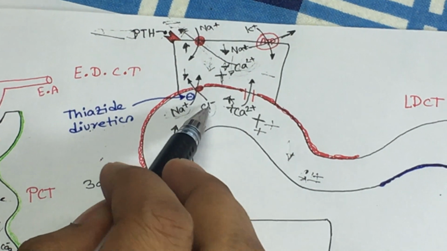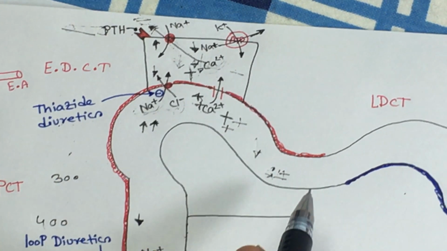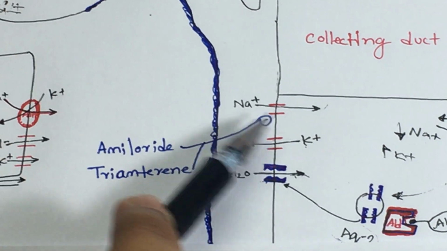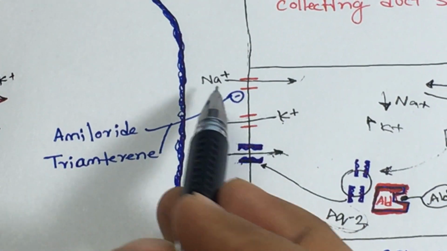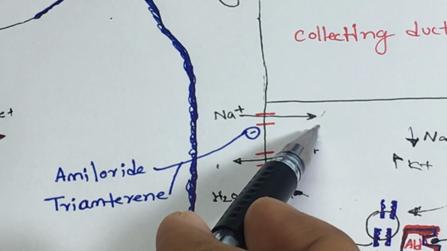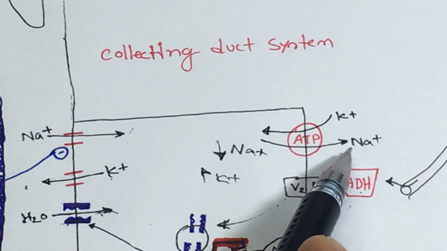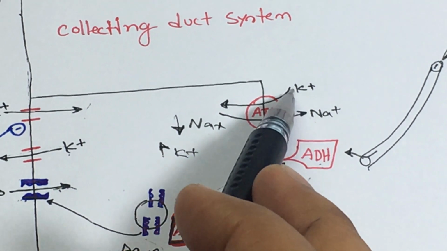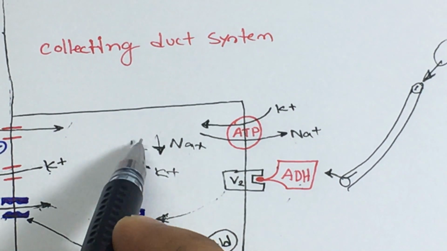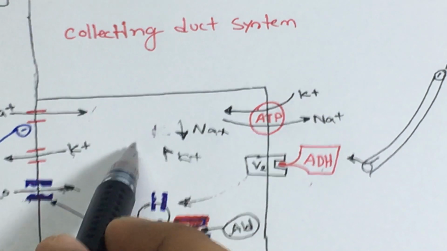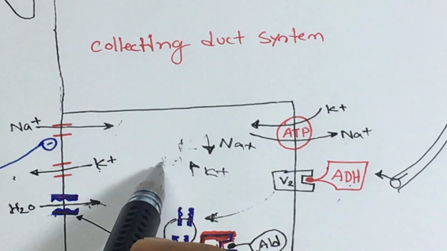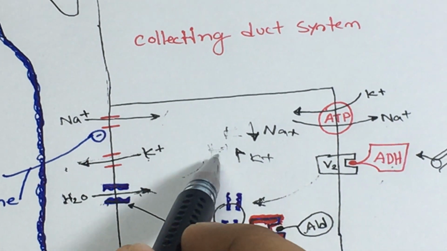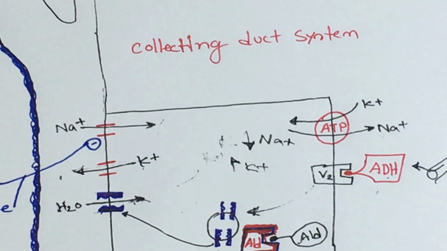Then sodium and chloride will not be reabsorbed, so more sodium will come in front of these principal cells, and more sodium will be reabsorbed. So this ATPase activity will be increased, which means more potassium comes into the cell. As more potassium comes into the cell, more potassium will be excreted because of this concentration gradient.